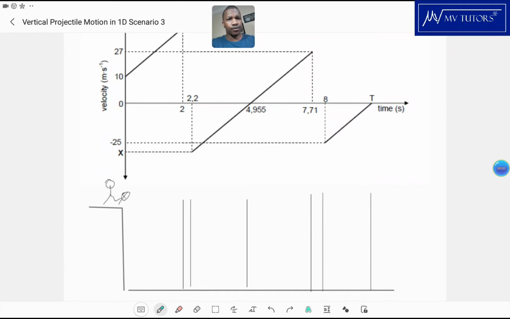Now, the ball is going to drop from that building. It goes down, it hits the bottom there. At this point here, it's touching the ground, and then it comes back up. It goes a bit lower than the original position because it loses kinetic energy. It turns up there at this critical point.